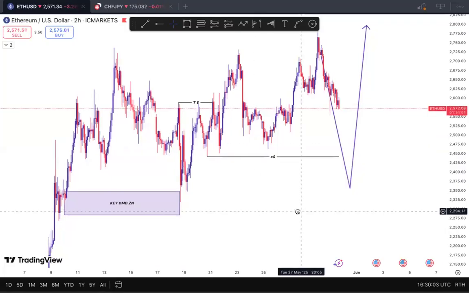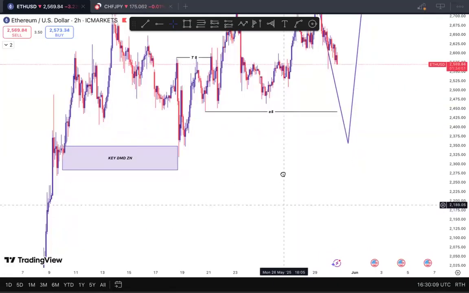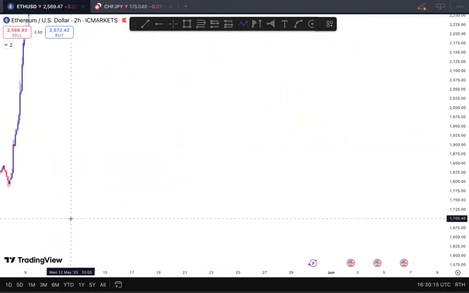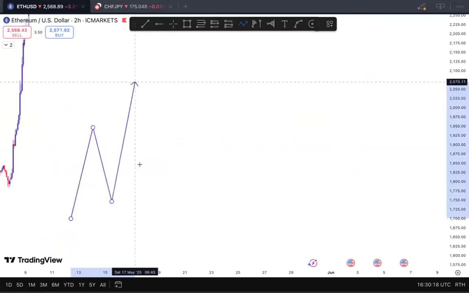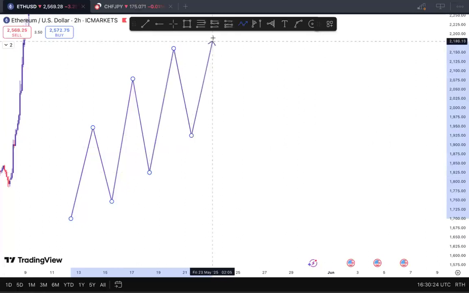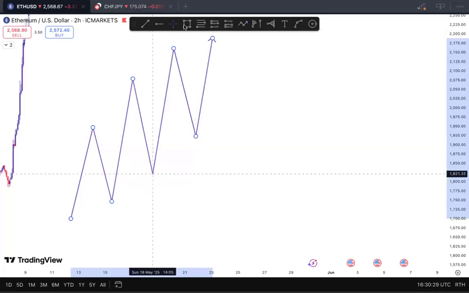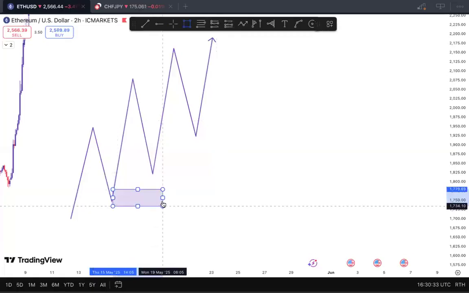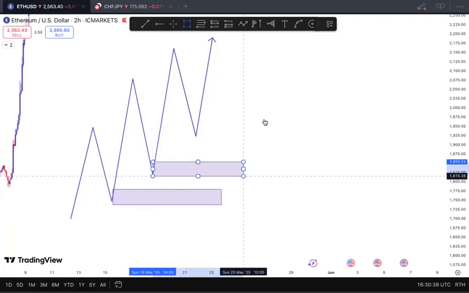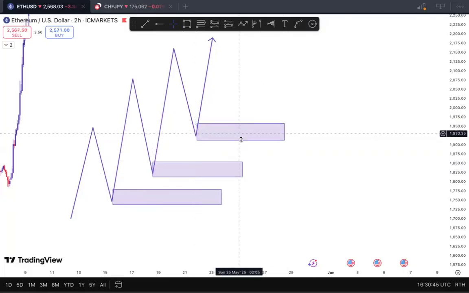So how then do you find out that the supply or the demand is real? It's simple. On a moving trend like this, on an uptrend, with lower highs, these zones are usually demand zones.